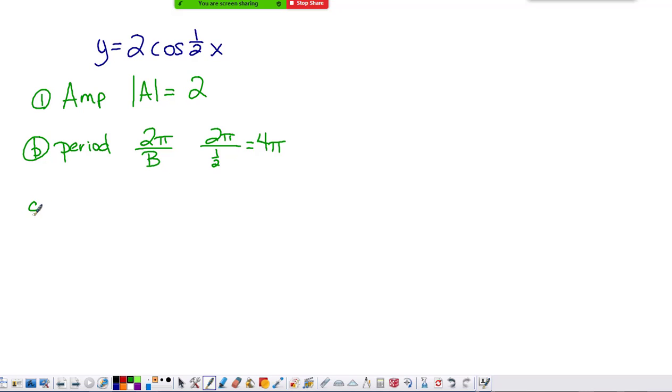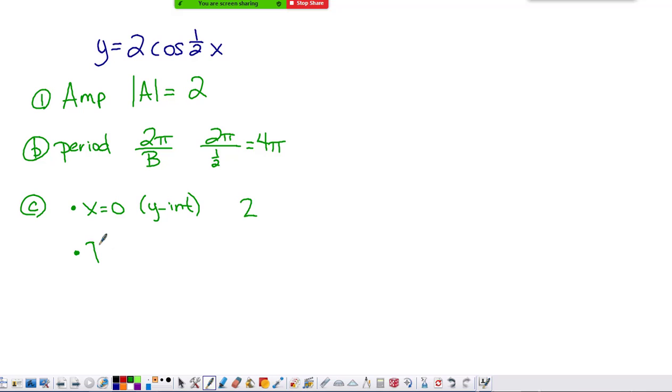And then for C, we had to find those important points. We find when x equals 0, so it's our y-intercept. What's our y-intercept going to be? When x is 0, where are we going to plot that point? 2, the positive 2. Yep.